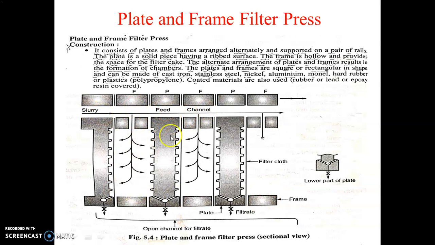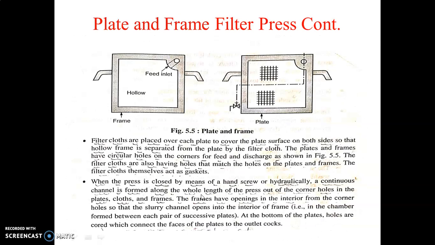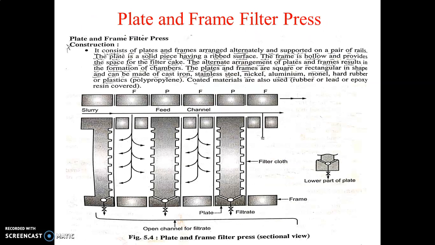Every plate and frame has holes at this corner. So if we join these two, again join frame, again join plate, this will form a channel. So this is the channel. It will form an open channel through which the slurry is fed.